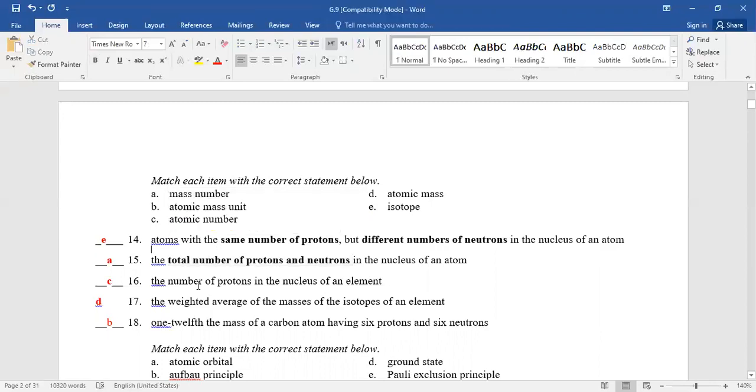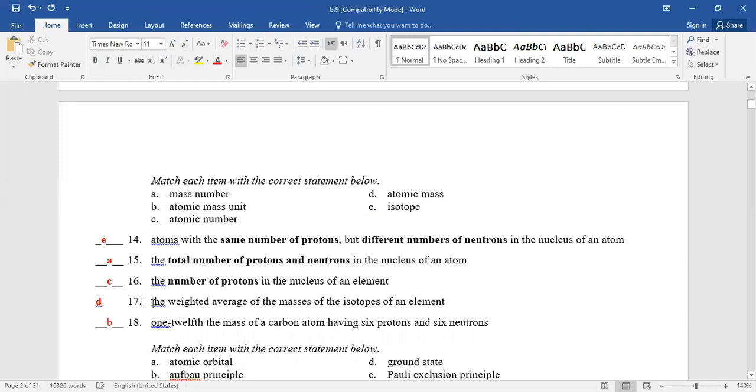So number 15 is mass number, which is letter B. Number 16, the number of protons in the nucleus of an atom. If I'm talking about the number of protons only, it will be atomic number. So atomic number will be the answer for 16, number C.